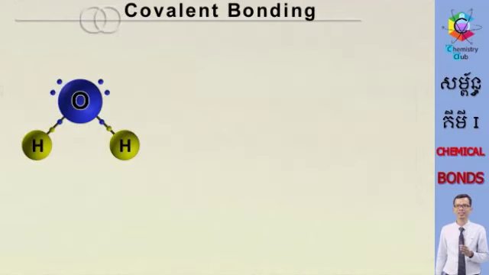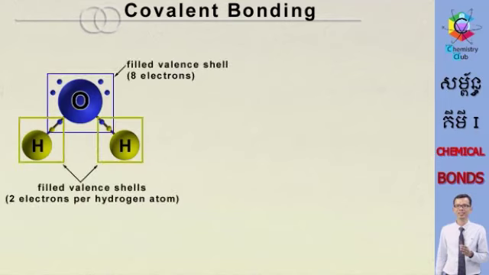This concludes the section on covalent bonding. The sharing of electrons in covalent bonds forms molecules. Covalent bonds allow each atom involved in the bond to fill their valence shell, thus satisfying the Octet Rule.